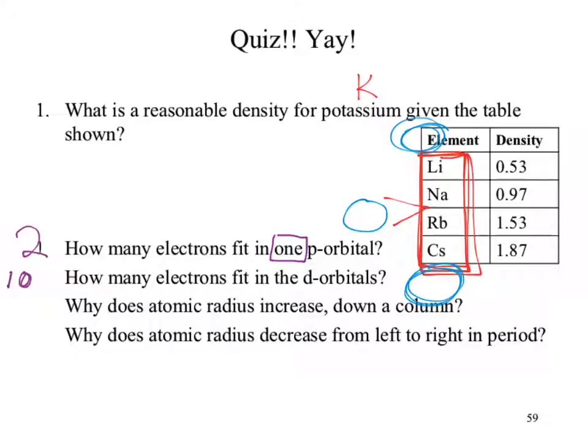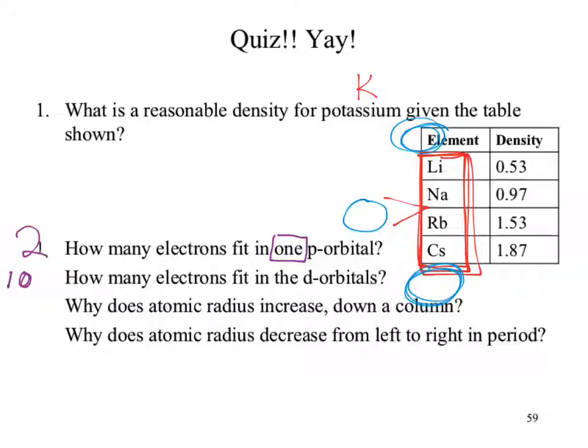Not even more orbitals. It's easier than that. More energy levels. Where are the energy levels? Further away from the nucleus, which means we get bigger as we move down a column. So it's not a statement of saying more electrons. It's a statement of saying larger orbitals or larger energy levels.